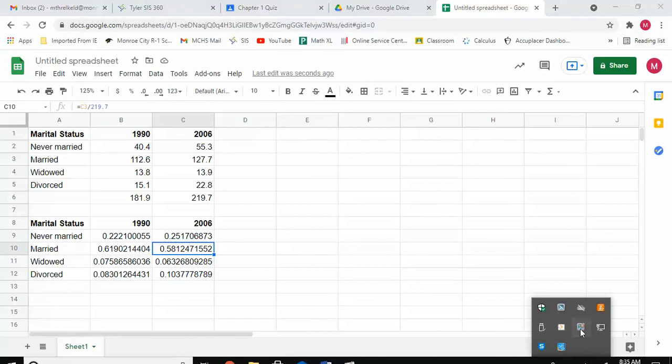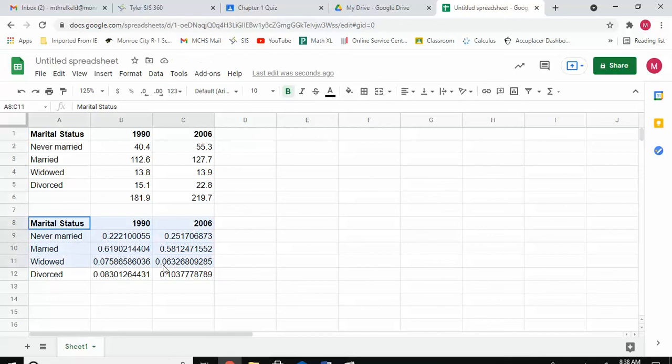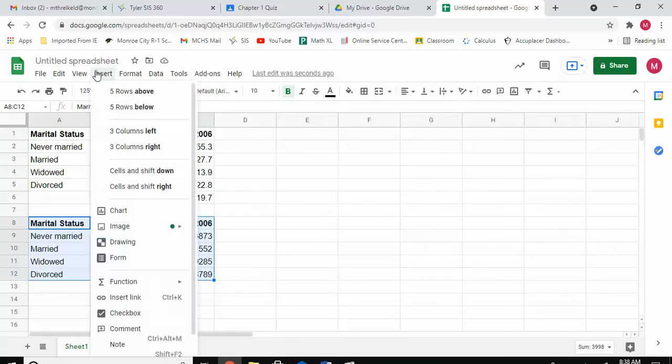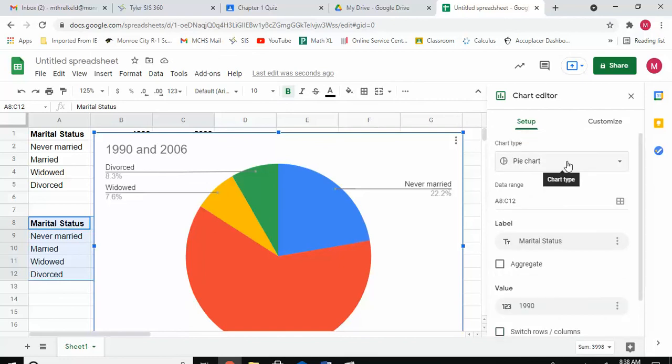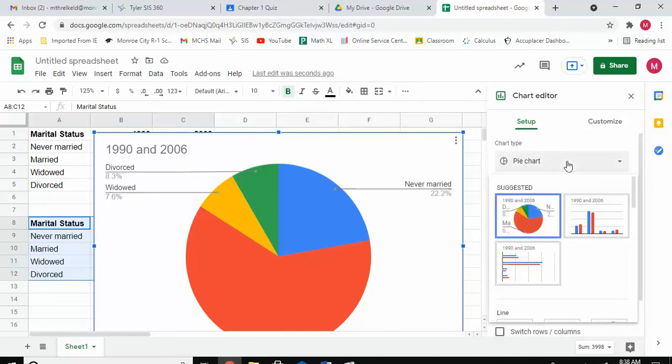Yeah, you lost me on that. For this, I am going to select all of these, this relative frequency. So the marital status in both years, I'm highlighting it all at once. We can go to Insert Chart. Okay, and it tries to guess what we want. So under Chart Type, you can change it.